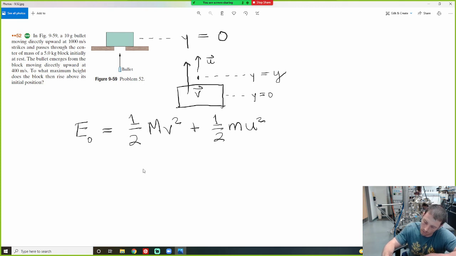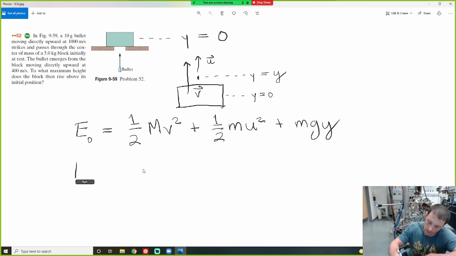So I would write little m g script y, and that is the gravitational potential energy of the bullet. And notice that we're already running into an issue here, because we don't know how high it is. If we knew the dimensions of the block, then we could write something about this, but we don't. We don't know the height or width or anything about the block.